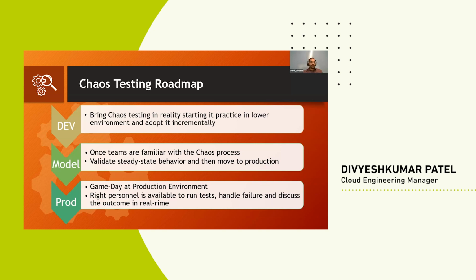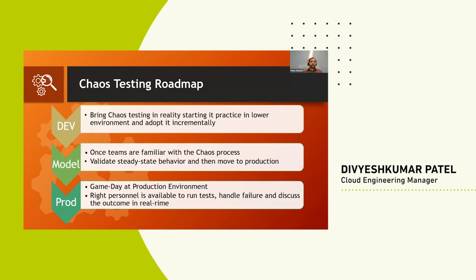Model is again like dev, where you are just practicing with a smaller group. Now we go from dev to model, where you are bringing more practices, and you may expand to more services with chaos testing. Also, you may target bigger workflows.